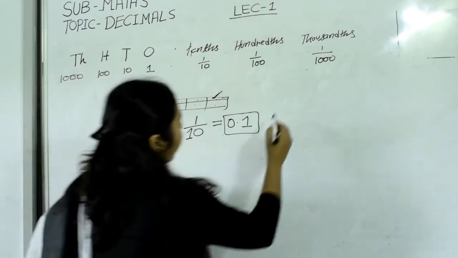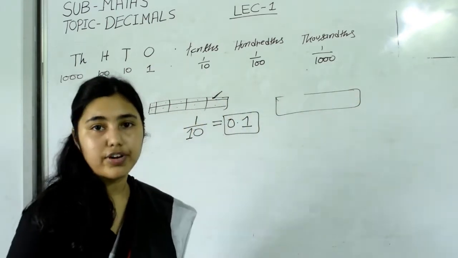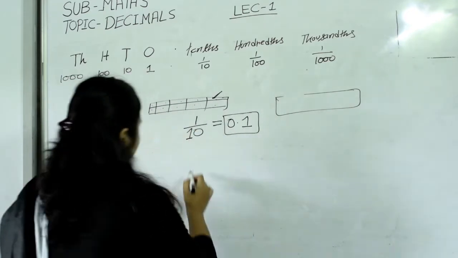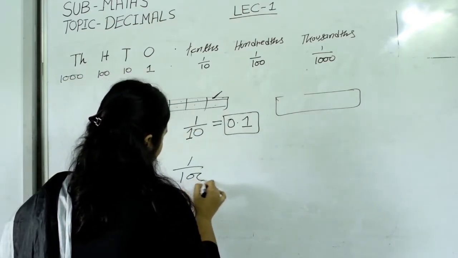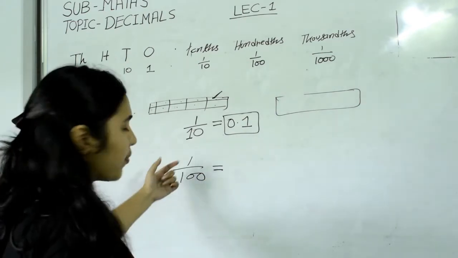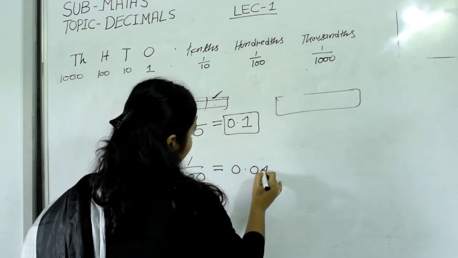Similarly, if we divide the whole number into 100 equal parts, then each part you can denote as 1 by 100, and the decimal value of 1 by 100 is 0.01.